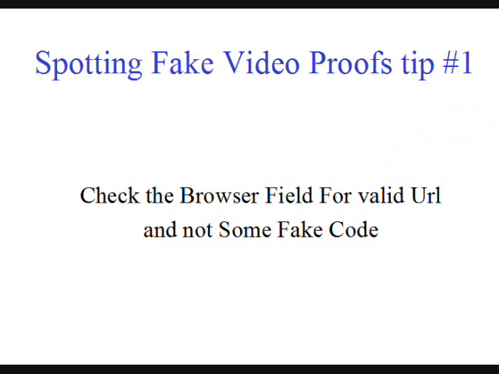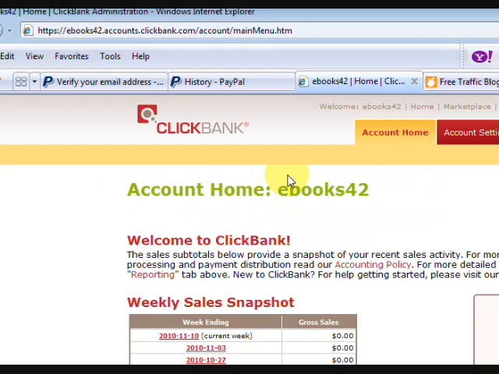Spotting fake video proofs, tip number one. Check the browser field for a valid URL and not some Java code or JavaScript or anything else. Make sure as much as you can that it's a valid URL in the browser window. Now I'm going to show you about the URL.